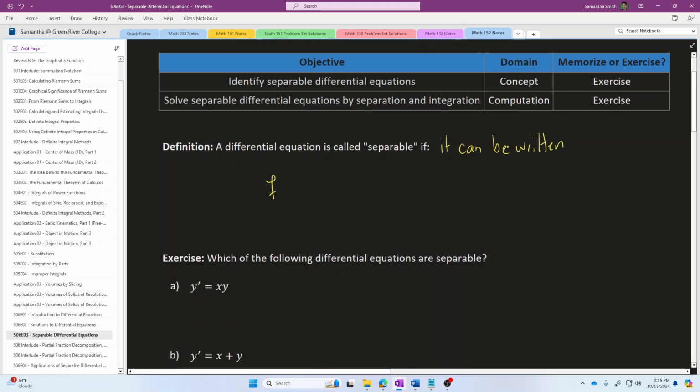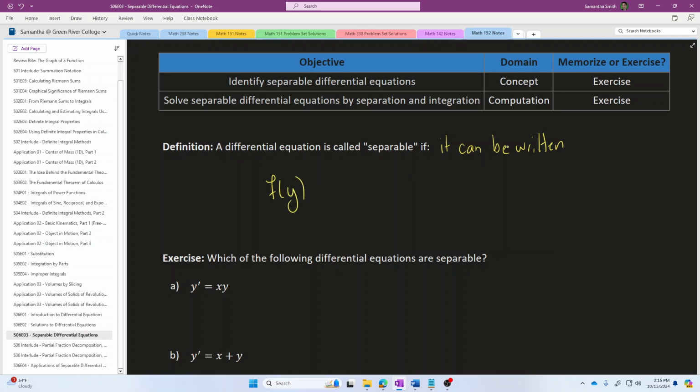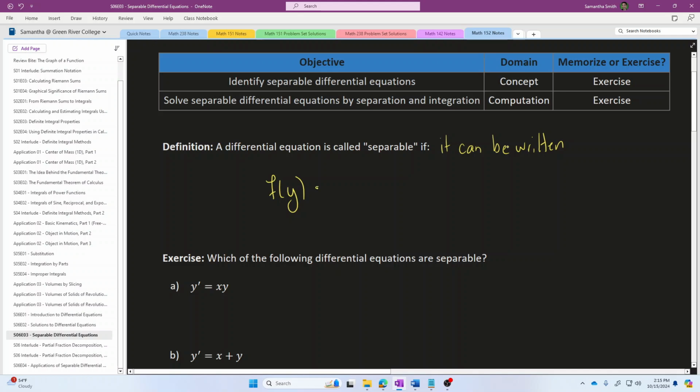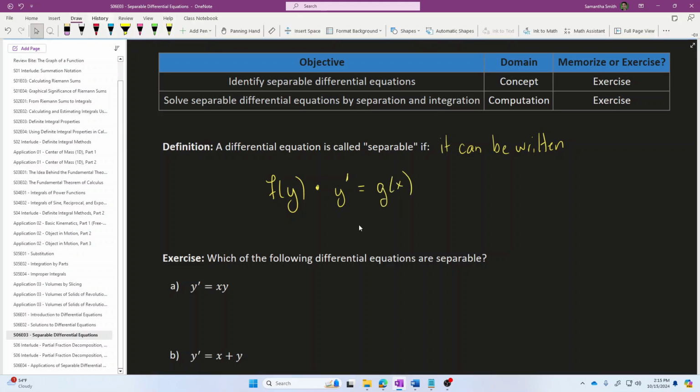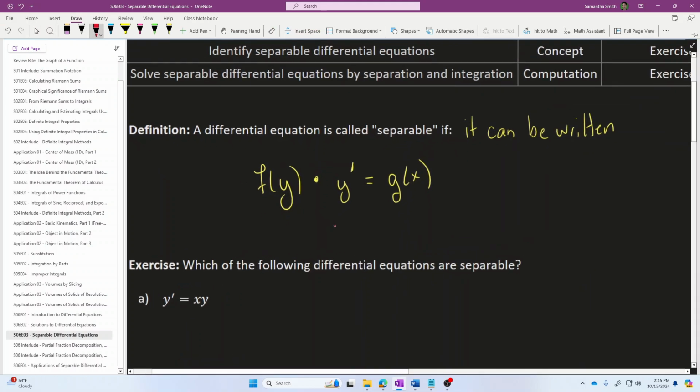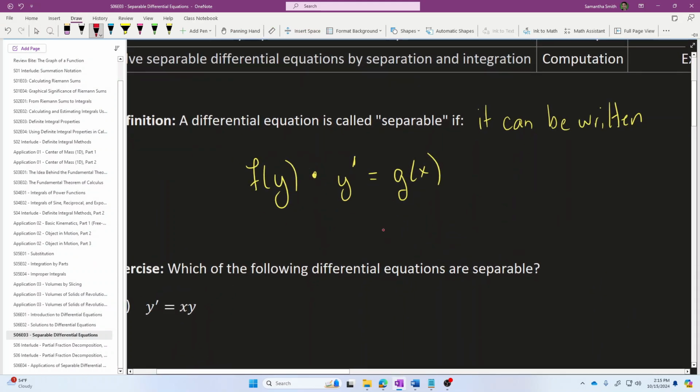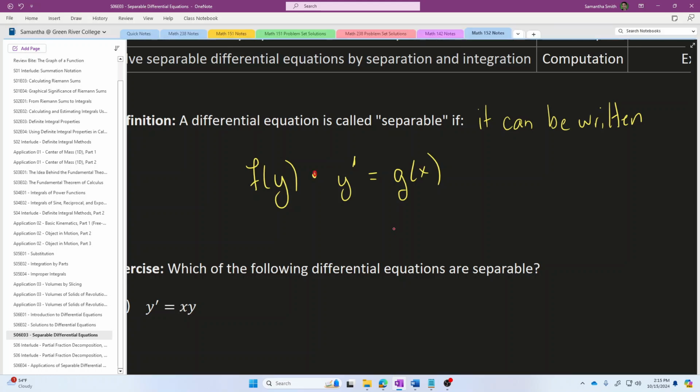Some function of only your output variable, some function of only y, times y prime is equal to some function of only x. Now, the first piece of this expression that's really important is that what is happening on the left side is a product.